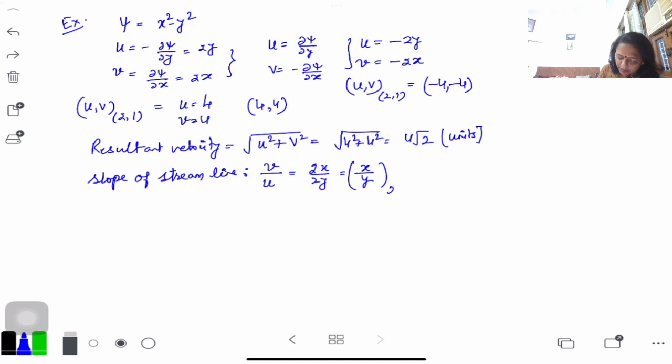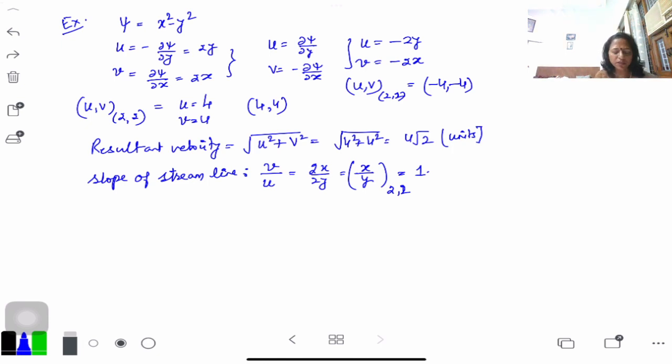Suppose it is to be asked at 2, 2. I wrote 1 here, it should be 2, 2, otherwise it gives a wrong result. It is also at 2, 2. So this is 1. It is the slope of a streamline.